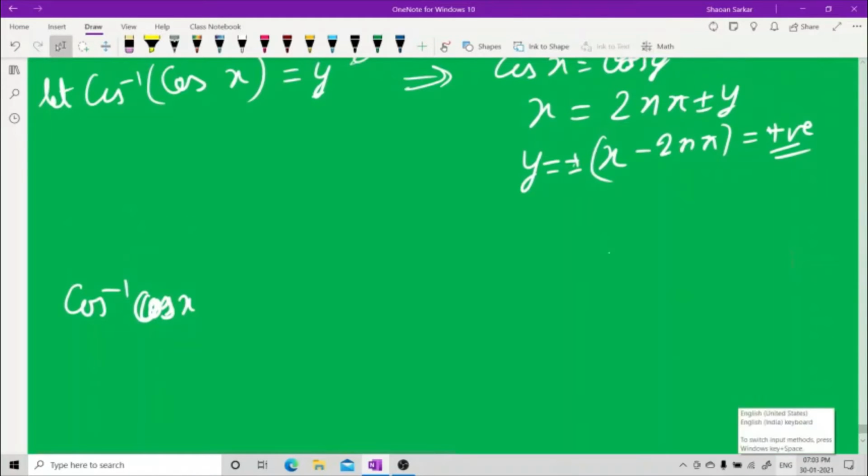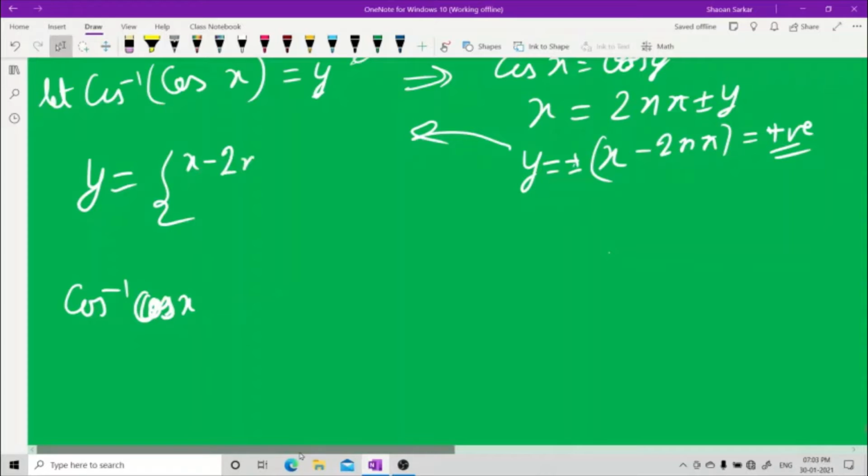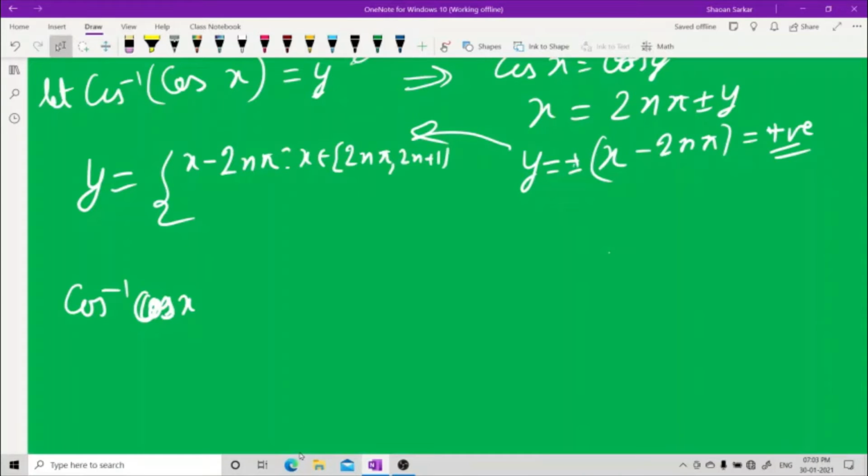Y equal to x minus 2n pi, for x belonging to 2n pi comma (2n plus 1) pi.